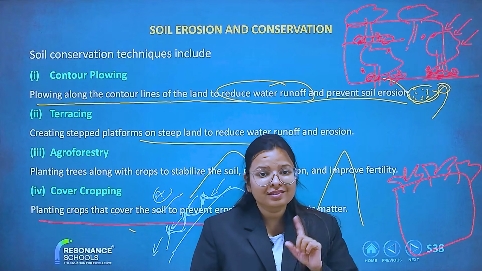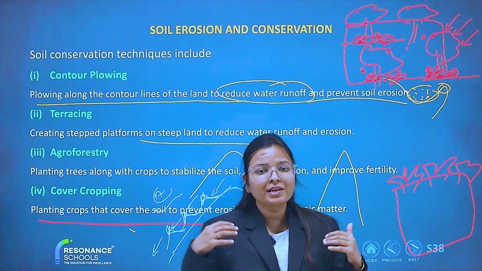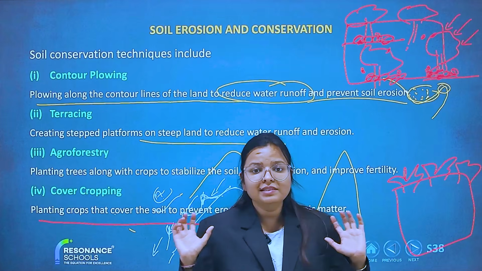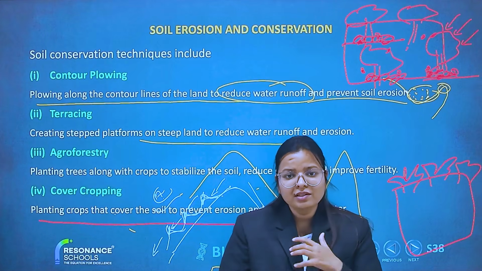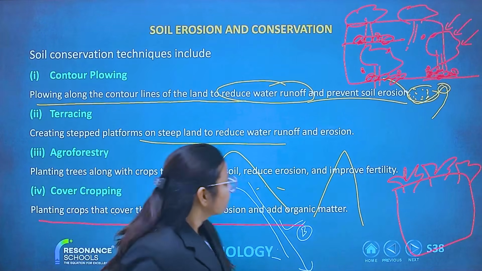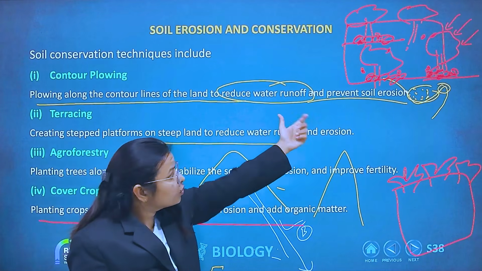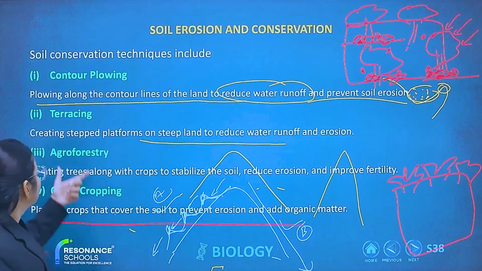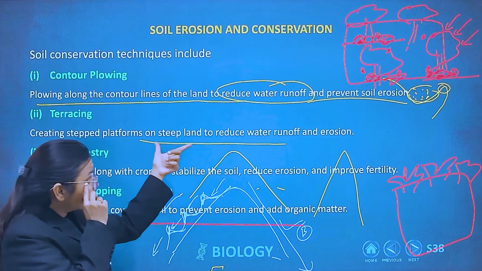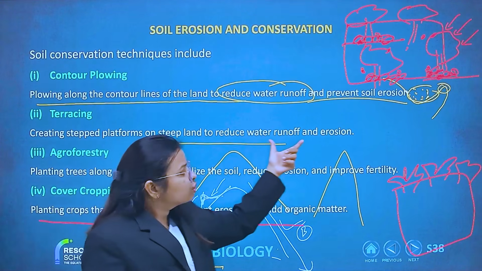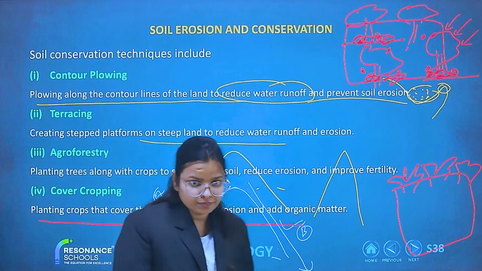But we are not doing this in contour plowing. Contour plowing is just aligning the surface, plowing along the surface to reduce water runoff and prevent soil erosion. Terracing is creating step platforms on steep land to reduce water runoff and erosion.